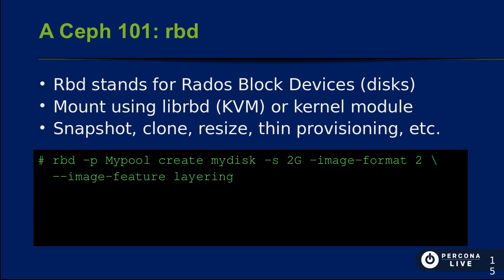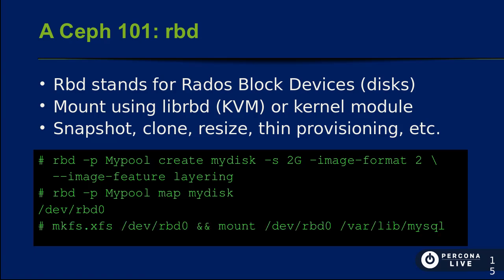Image format and image feature layering, those are to be able to perform snapshots and clones. You map the RBD device that you created to the host where it is running. So it returns a block device, and then you format and mount the block device. And you can start using it.